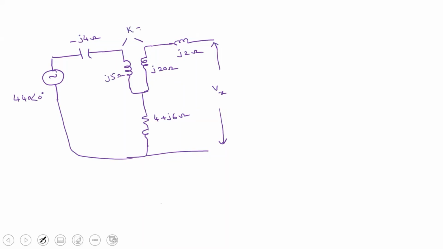Mutual inductance here, the coefficient of coupling is given, so K equal to 0.5. Find out Vx. Oh, sorry, I forgot to give the dots. So you have one dot here and another dot here.